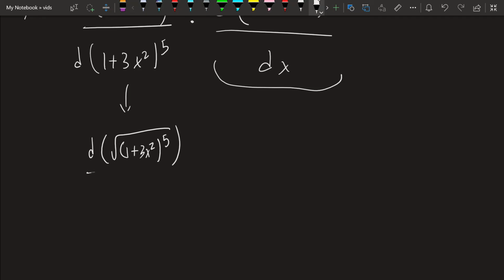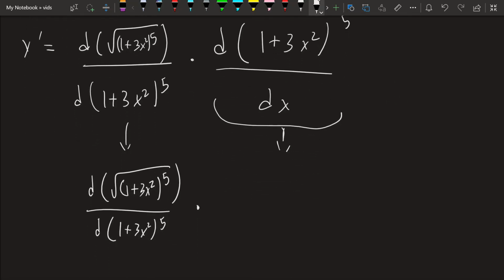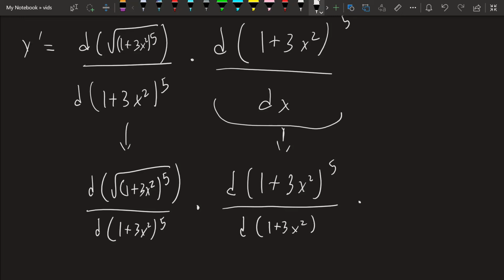You have no idea. Over d of 1 plus 3x squared raised to the power of 5, multiplied by, let's split this using the chain rule. We're going to get d of 1 plus 3x squared raised to the power of 5 over d of 1 plus 3x squared, multiplied by d of 1 plus 3x squared with respect to x, right?